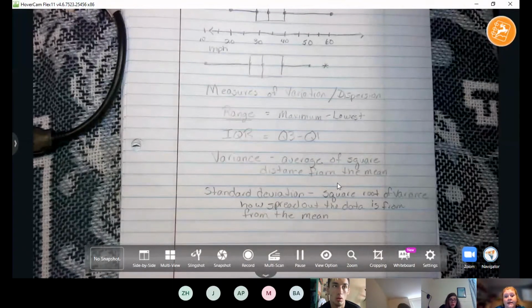It is still telling us how spread out the data is from the mean. That's basically what the standard deviation is telling us.